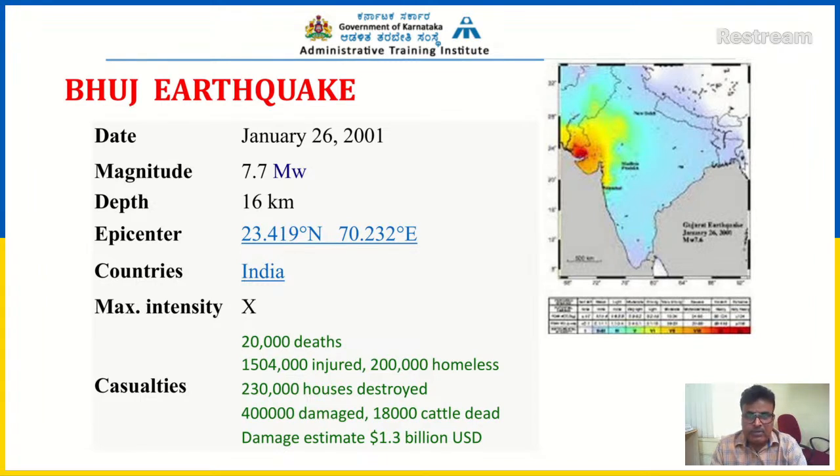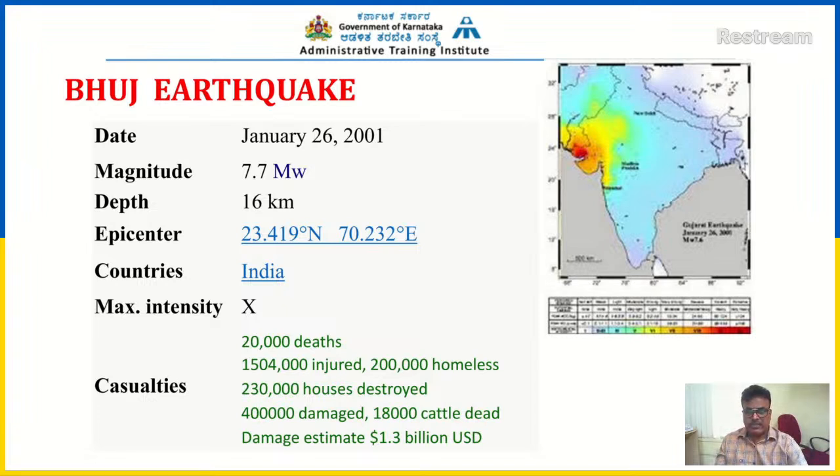This was estimated in 2001. So you can just imagine an earthquake of magnitude 7.7 could cause so many losses and damages. So this is an example for natural disaster.